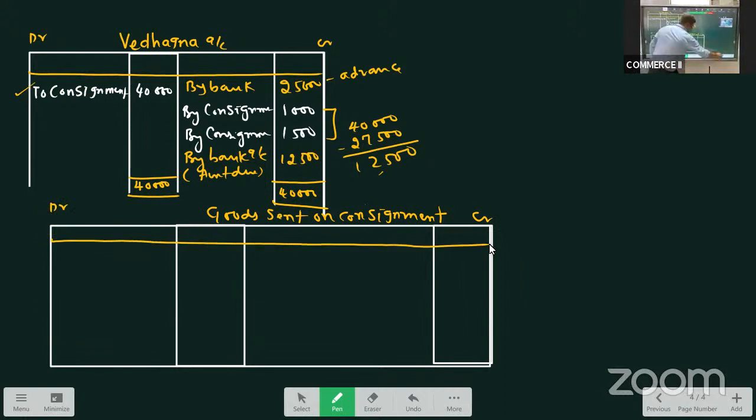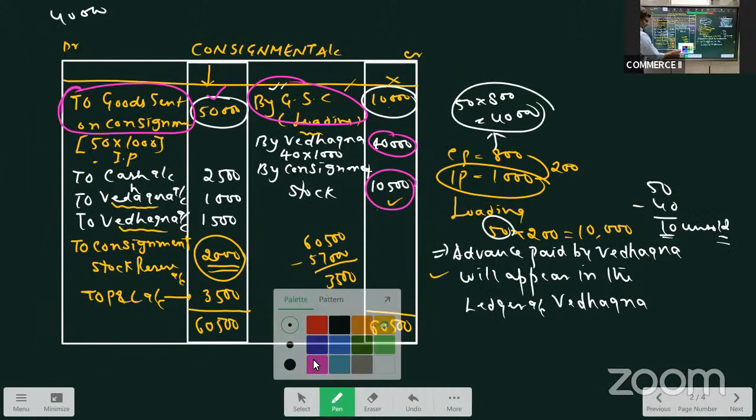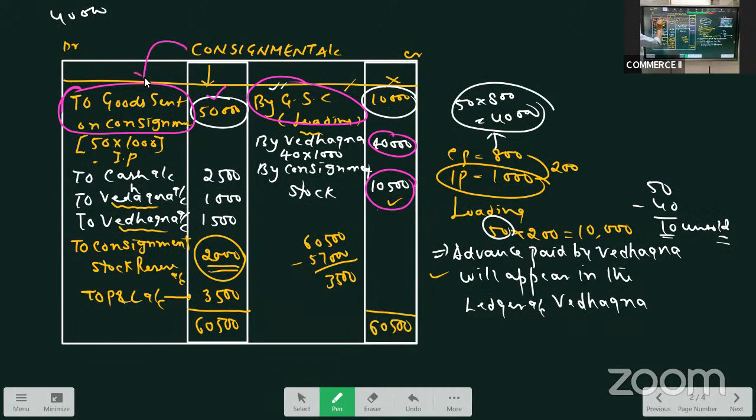Right. Now let us again go back to our consignment account. In consignment account, you see, we have goods sent on consignment on the debit side and also on the credit side.